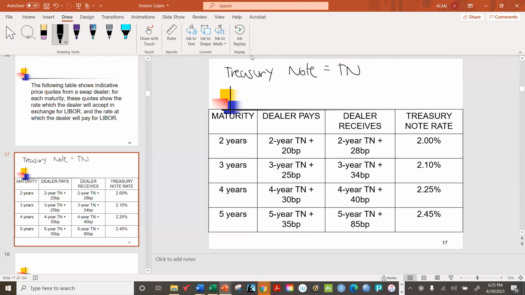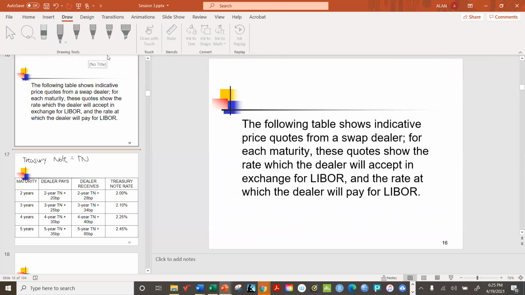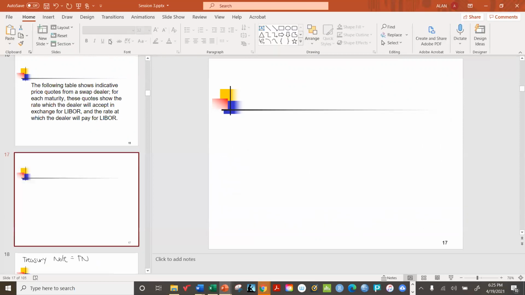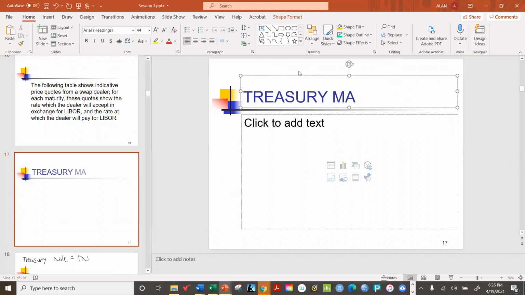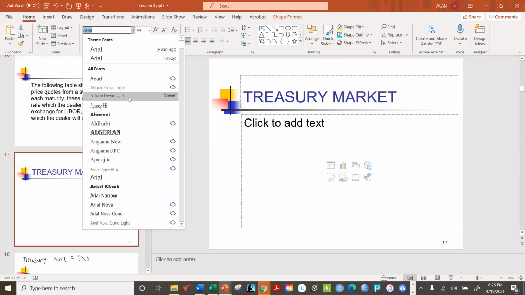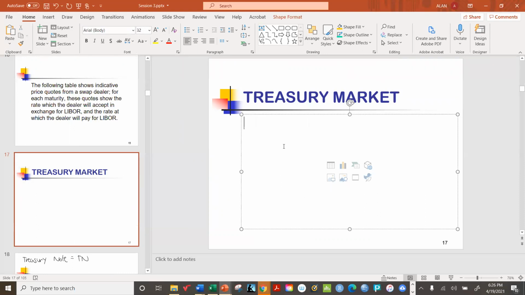And just as a quick reminder, let me go back here and sneak this in. Just a little refresher. In the treasury market, there are 3 categories of treasury securities, and their names depend on their maturity date. If the maturity is from 1 month to 12 months, or 1 year, we call that a treasury bill.